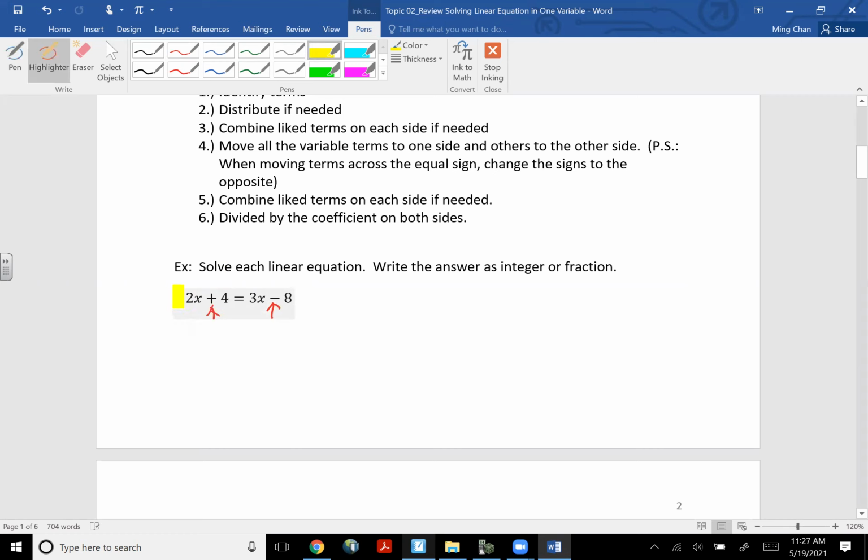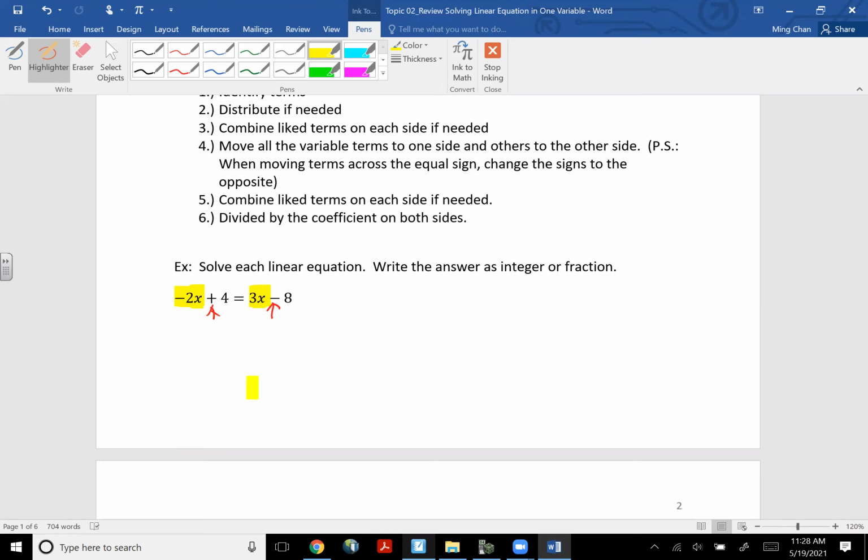So I'm solving for x, right? So here I see I've got variable term negative 2x on the left, my variable term 3x on the right. I've got variable terms on both sides. So which side should my variable term go, left side or right side, whichever will be better?